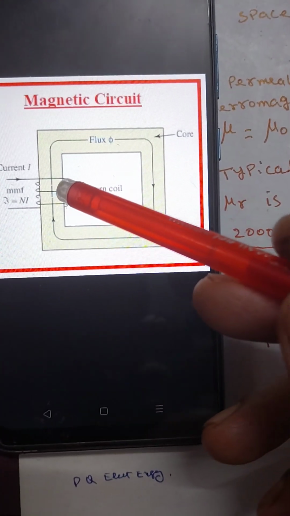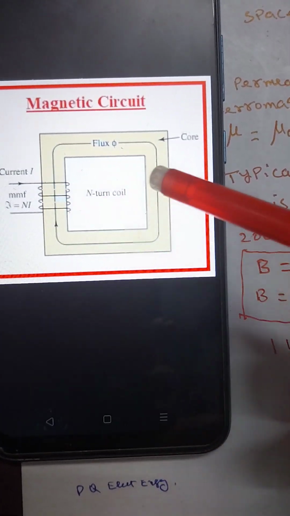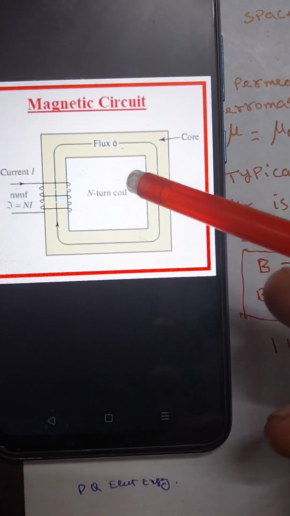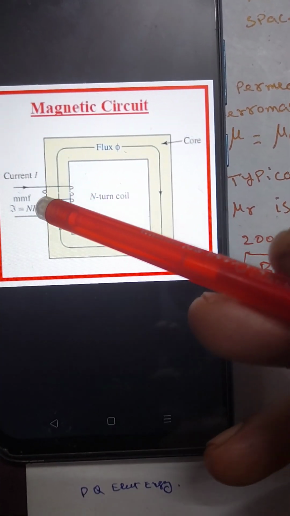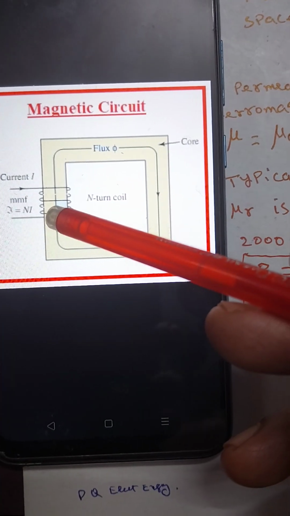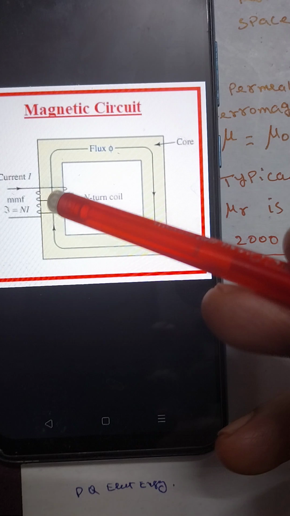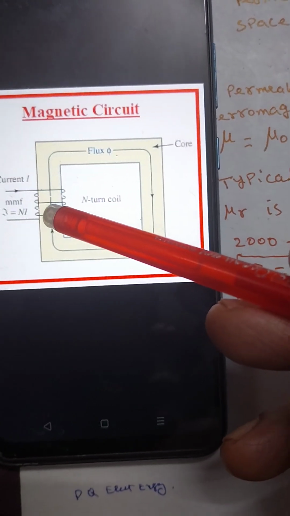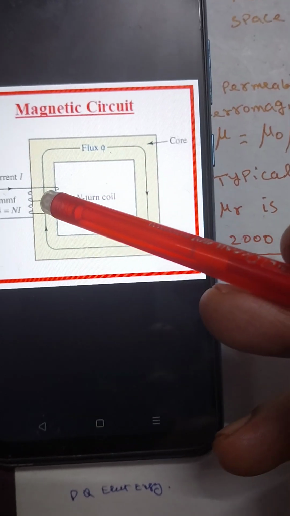So the principle of the transformer is this: this is a primary winding, and similarly there will be a secondary winding. If a current flows through the winding, a magnetic field will be induced around this conductor. This magnetic field is conveyed to other parts through this magnetic core.